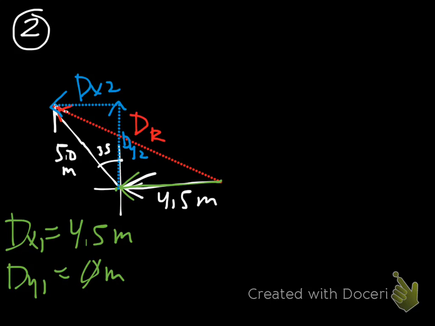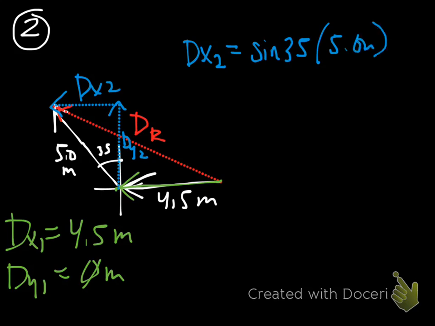So dx2 is opposite our angle, so it's the sine of 35 times 5 meters, and dx2 is 2.867, etc. meters.